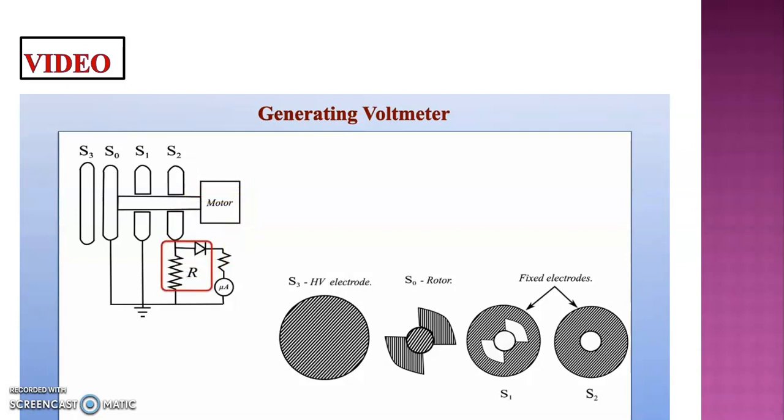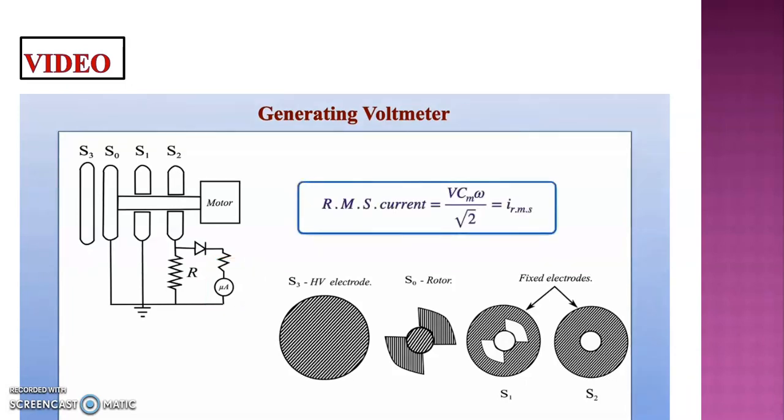Then we have a rectifier circuit which will enable measuring the rectified current induced due to the time rate of change of capacitance, as we have seen in the equation earlier. And lastly, the microammeter, which will be responsible for giving us current directly calibrated in terms of unknown high DC voltages.